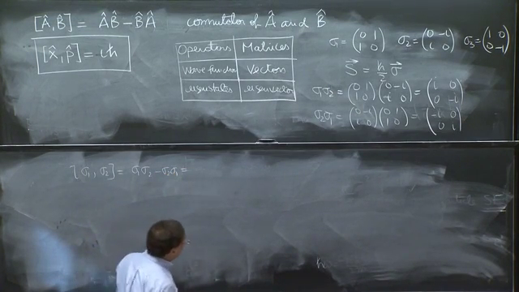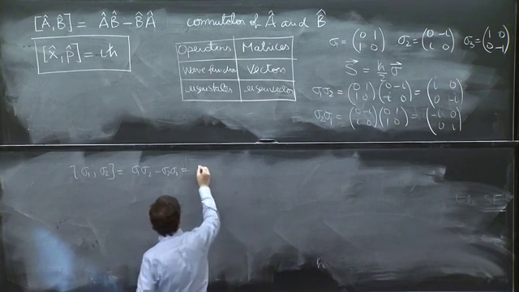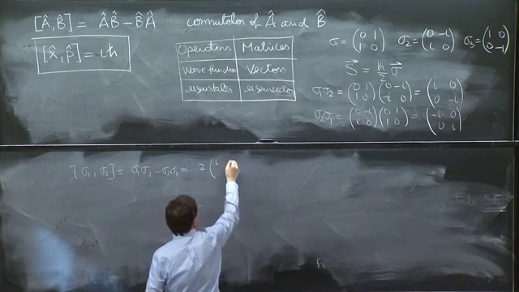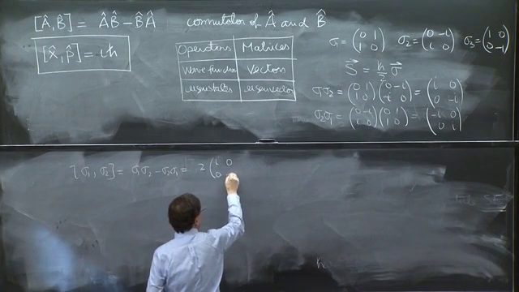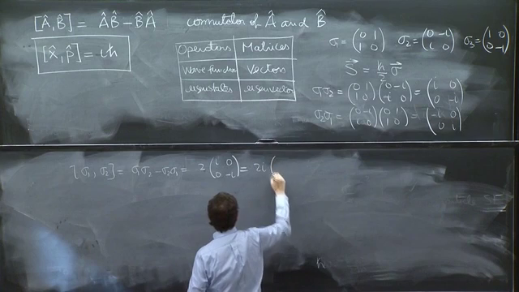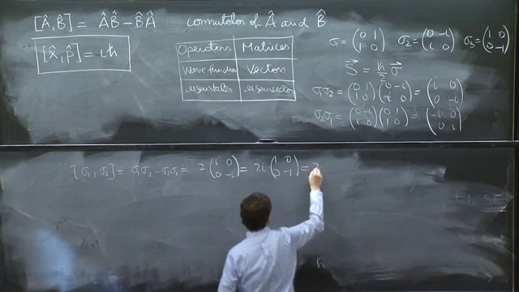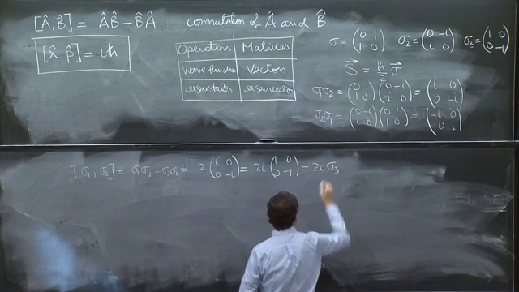And you can see that they're actually the same up to a sign. So you get twice, 2 times i, 0, 0, minus i. And this is 2i times 1, 0, 0, minus 1. And that happens to be the sigma 3 matrix.